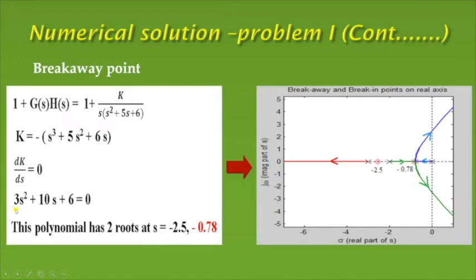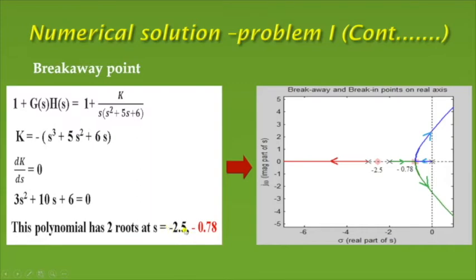The final equation is 3s square plus 10s plus 6 equal to 0. The power is 2, that means there are two roots of this equation. One root is minus 2.5, another is minus 0.78. Not all these roots are on the locus. Of these two real roots, only one exists on the root locus.